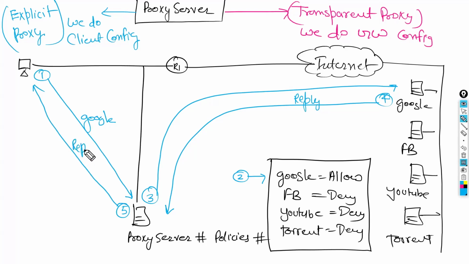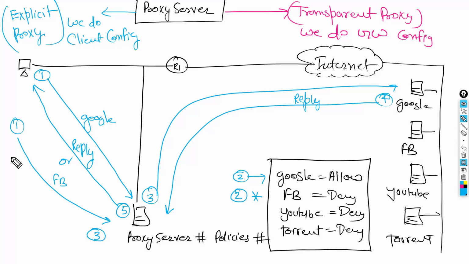If you are using explicit proxy, according to our policy, Google is allow. Now, client will think, okay, what I want to access? I want to access Facebook. Now, what proxy server will see? That Facebook is here. Deny.